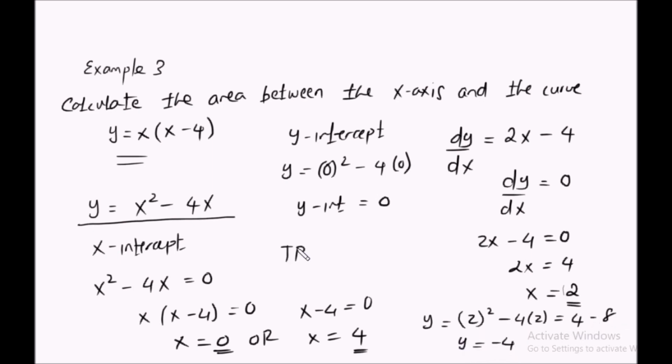So the turning point is at 2, negative 4. So we have these three things: the x-intercepts 0 and 4, the y-intercept 0, and the turning point 2, negative 4.